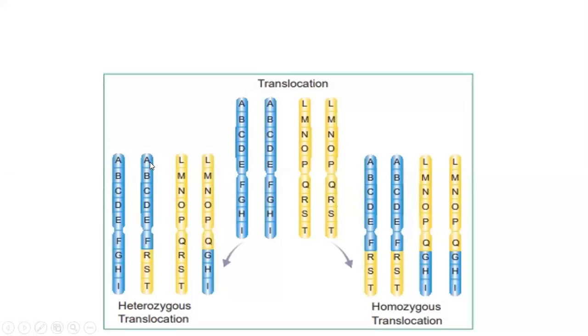One is half blue and half yellow: A, B, C, D, E, F, R, S, T. A new combination. This one is L, M, N, O, P, Q, G, H, and I. So all the four chromosomes after heterozygous translocation are different in genetic combination.